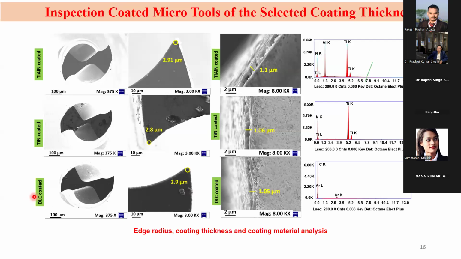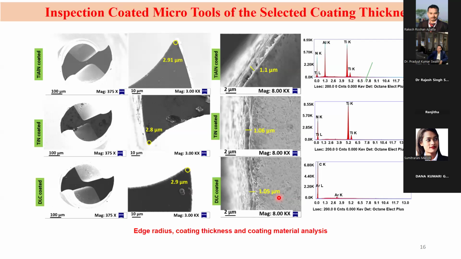So according to our use, we choose which kind of combination we will use. The coating thickness part is fixed, that means 1 micron, but obviously during coating we cannot do exactly 1 micron. So here our coating thicknesses are around 1.1, 1.06, 1.2. So on average, we can say this is 1 micron.